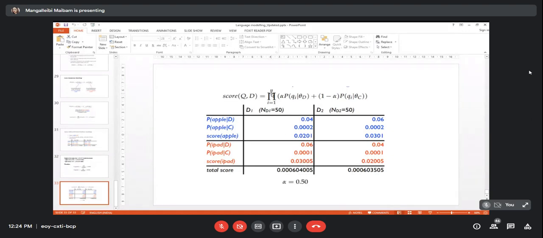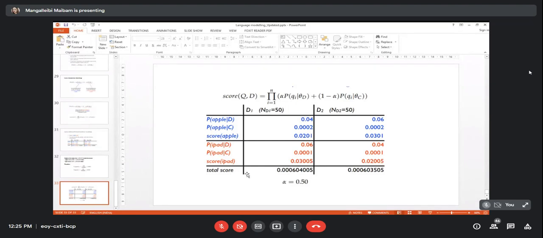Using this score formula, I got 0.03005 for D1 and 0.02005 for D2. The first part is for the document, the second part is for the entire collection.